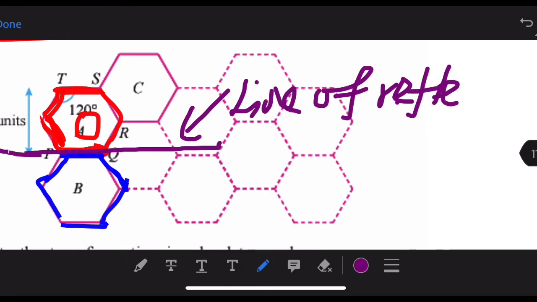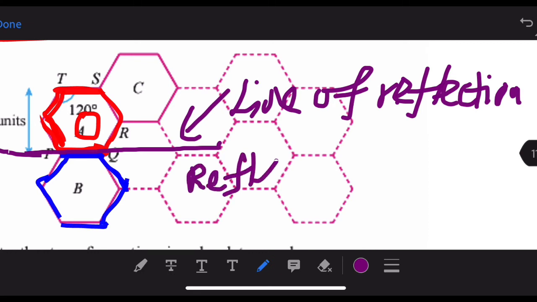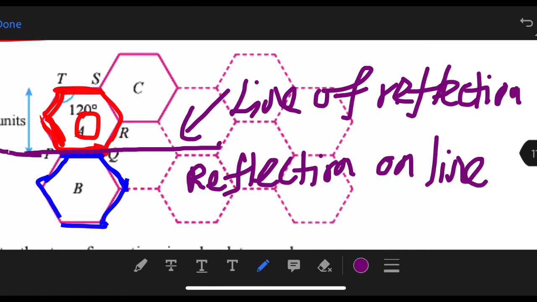Okay, so let's write a sentence. Okay, so we write reflection on line. So when reflecting, we have to mention the line of reflection, which is PQ. Okay, all right, that is number one.